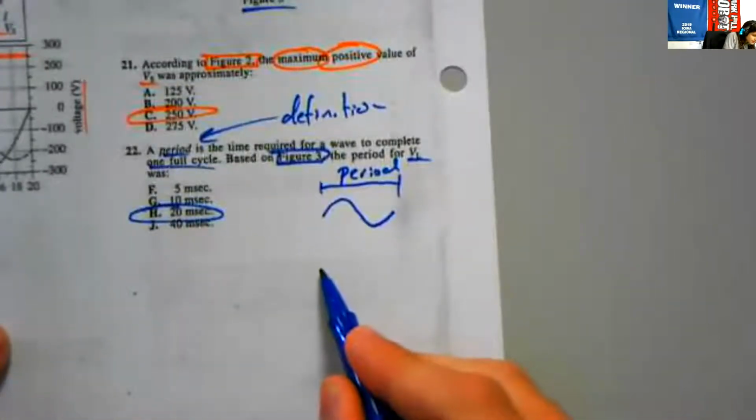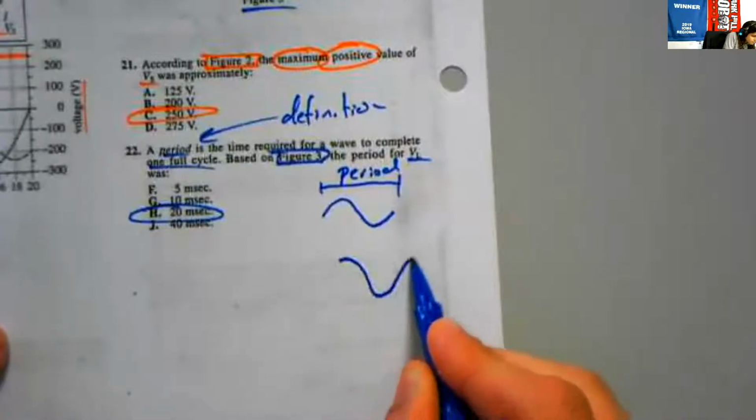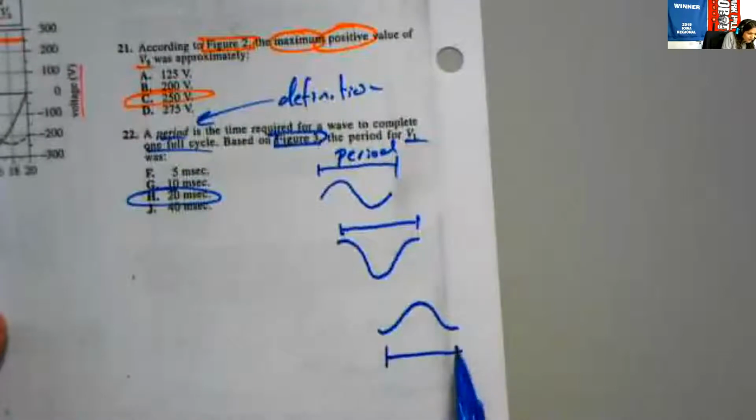Period also can be peak to peak. A period can also be trough to trough. So the bottom to the bottom, the top to the top, or the middle on the way up to the next middle on the way up.